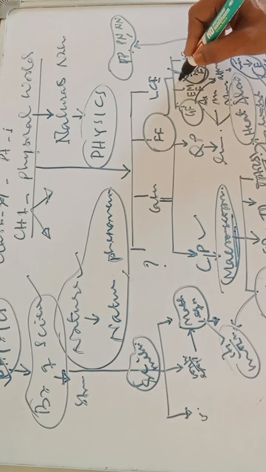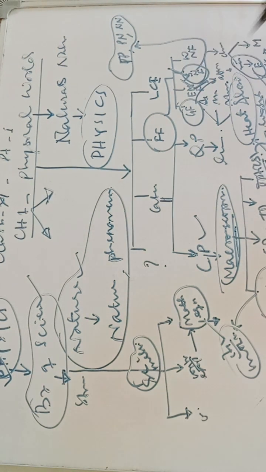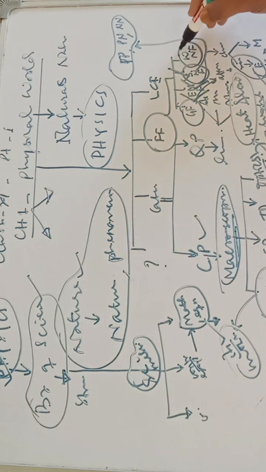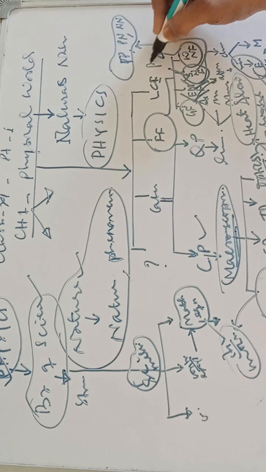This is the strongest force, greater than the electromagnetic force, and electromagnetic force is greater than gravitational force. Weak nuclear force is linked to the force generated during beta decay.